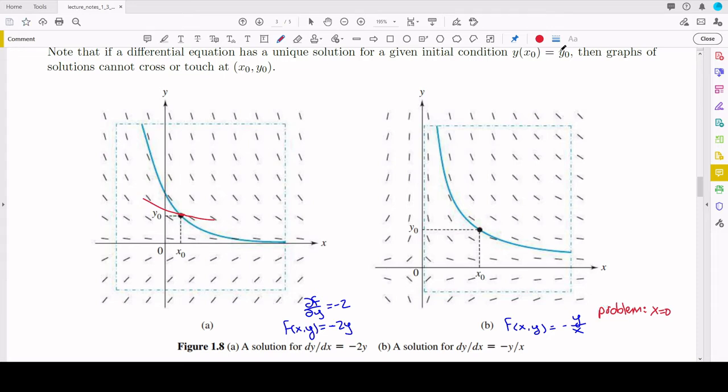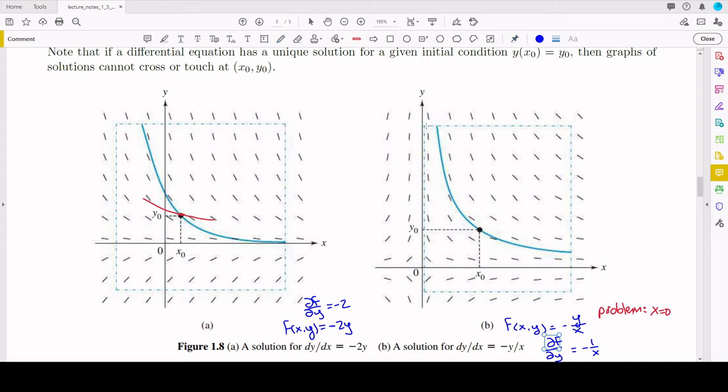And the partial derivative has that same problem. If you look at df dy, the derivative is negative 1 over x, if you think of y as the variable. So again, the problem is x equals 0.